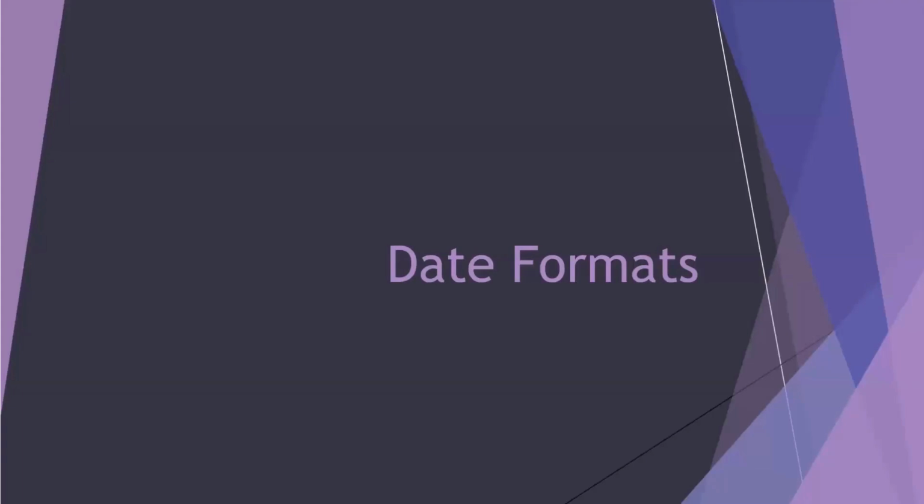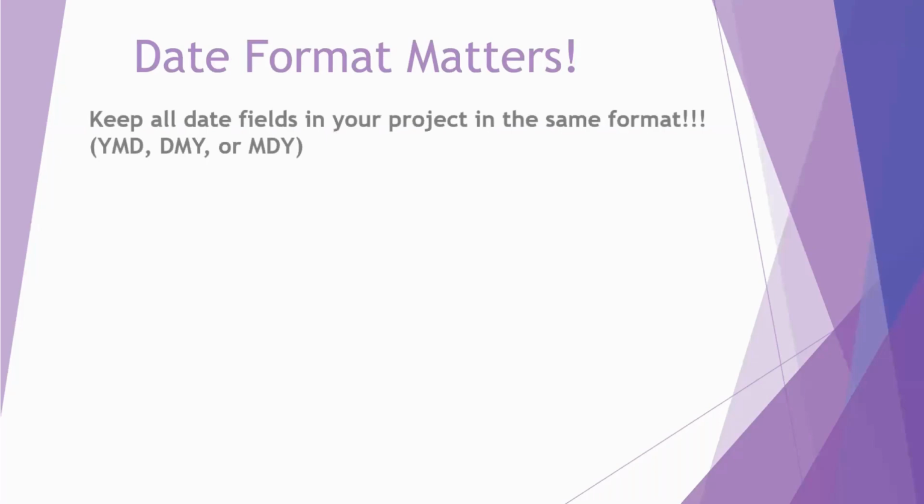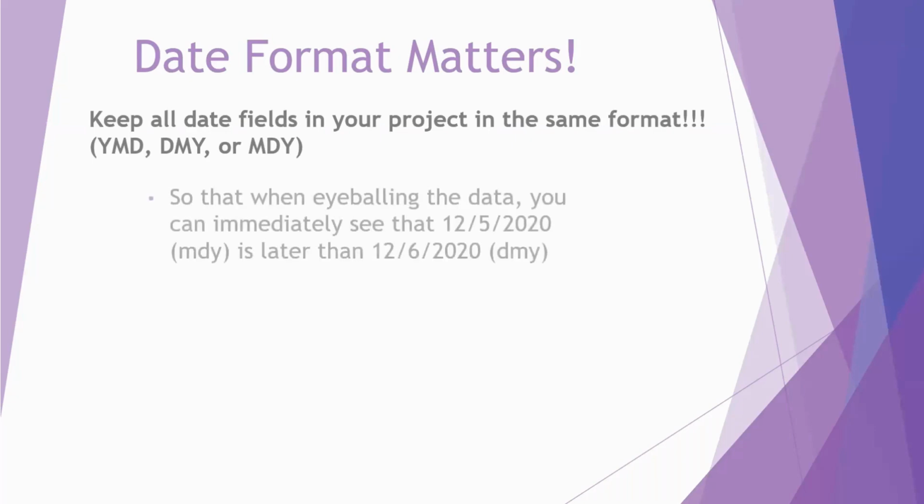Okay, now let's talk about date formats in REDCap. So by format, I mean the year, month, and day type of format. So it matters. First of all, keep all the date fields in your project in the same format, please. One reason is that when eyeballing the data, you will immediately see that 12/5/2020 in the month, day, year format is later than 12/6/2020 in the DMY format.